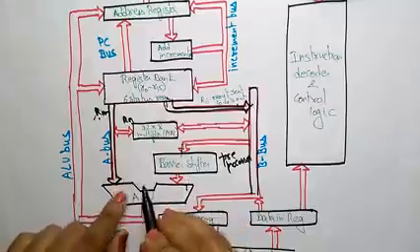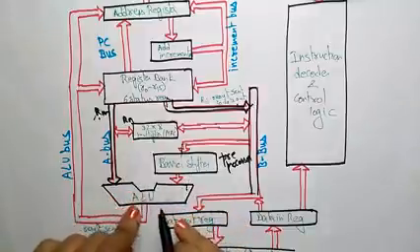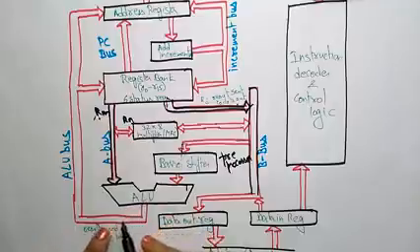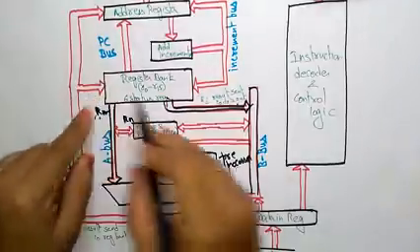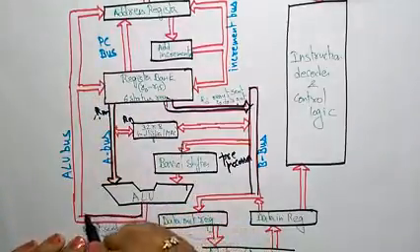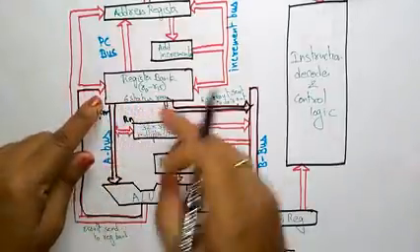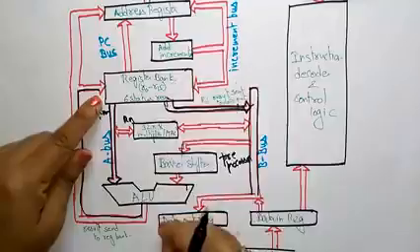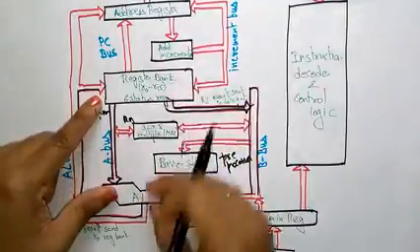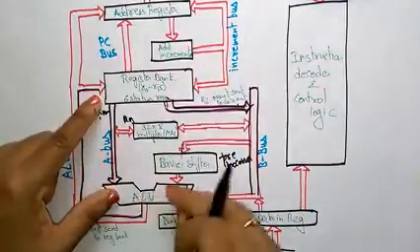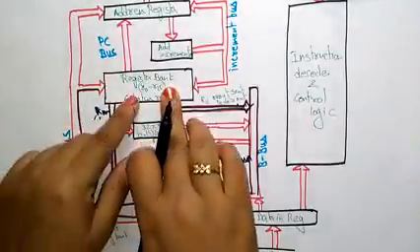So now this RM plus RN is performed in the ALU, and the result is sent back to the register bank. The data taken as input is taken in the form of registers, and the output is sent again to the registers.